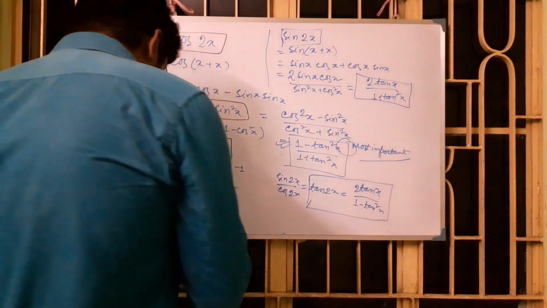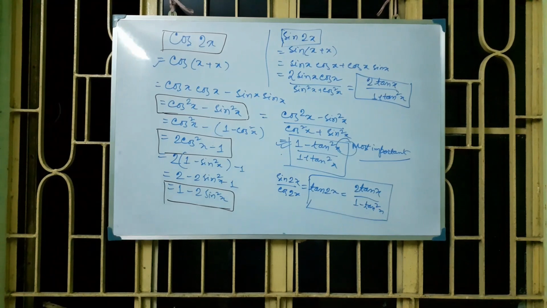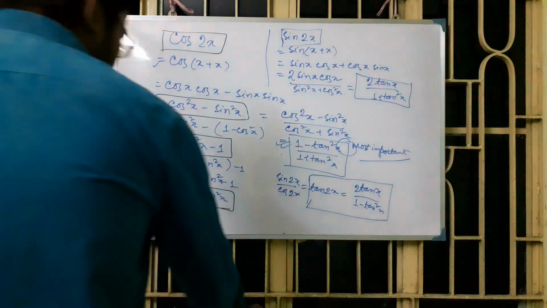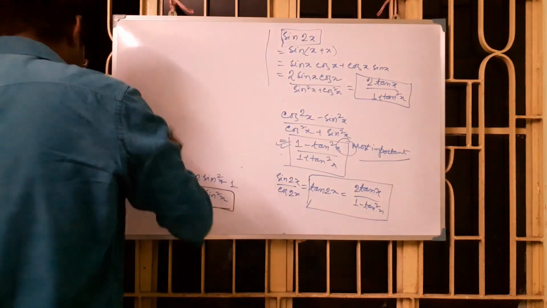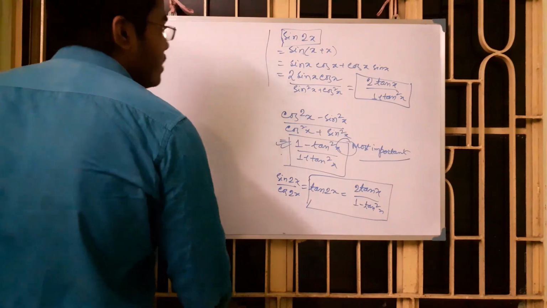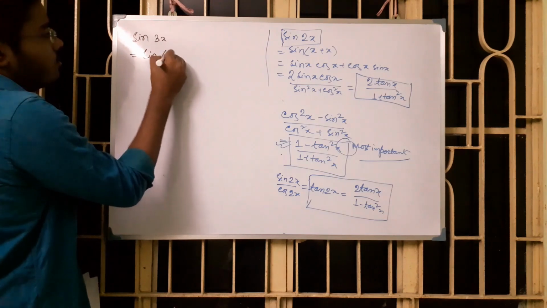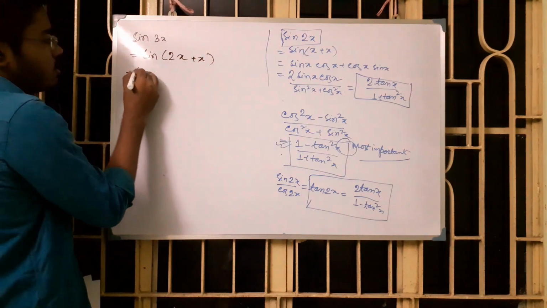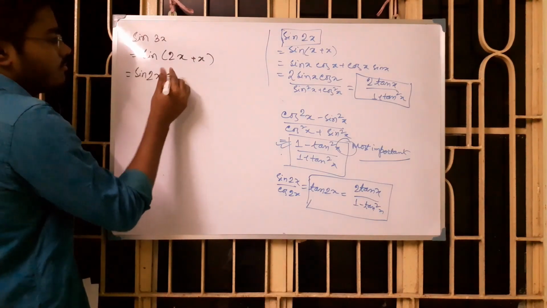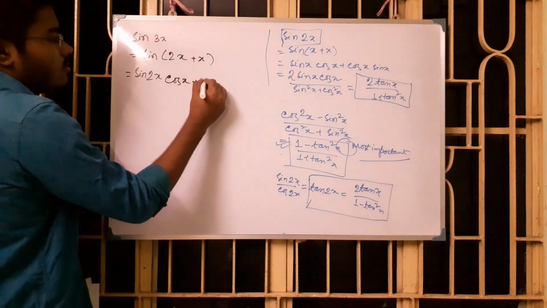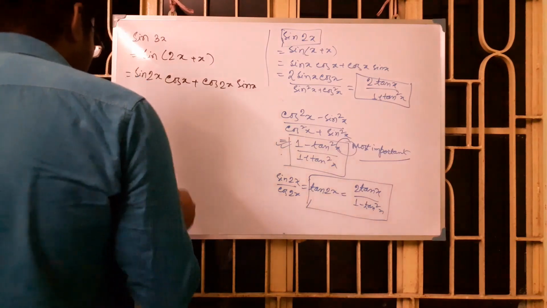Now the next thing is very easy, and just look at that. This is sin 2x. Now what is sin 3x? Sin 3x equal to sin 2x plus x. So sin 2x into cos x plus cos 2x into sin x.